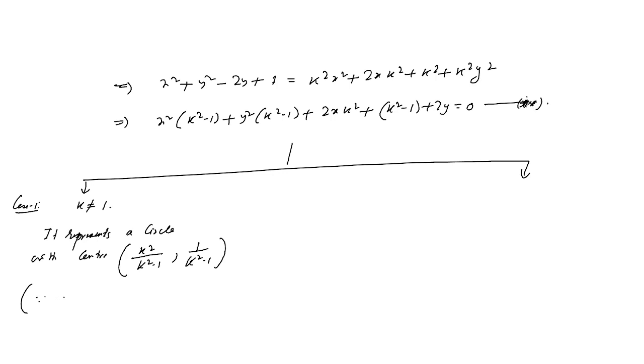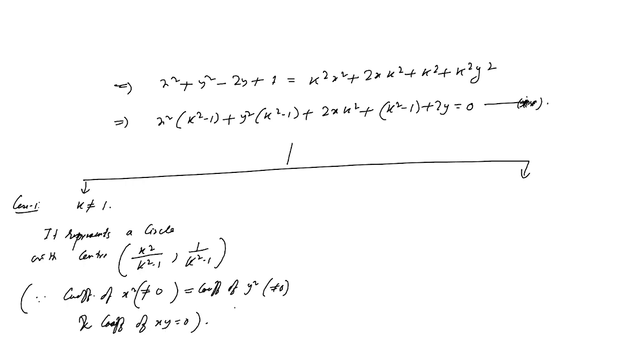Why is it basically a circle? Since the coefficient of x square is non-zero, and obviously this coefficient equals the coefficient of y square, and this is also non-zero. Another important condition to be a circle is that the coefficient of xy is also 0. So that means it represents a circle.